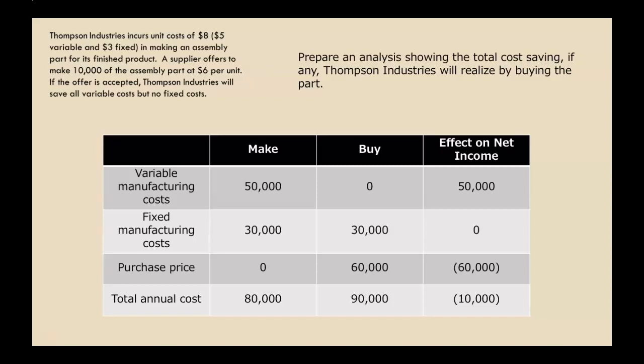Because our cost under the buy scenario, that was 90,000. If we were to make it, it would just be 80,000, right? So we want to have the lower cost amount.